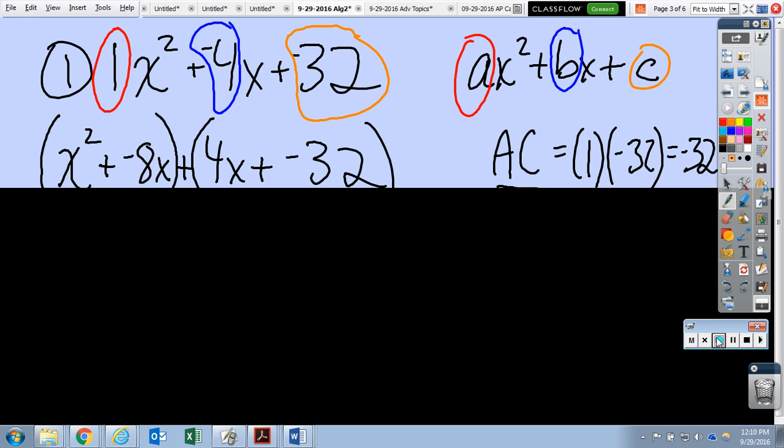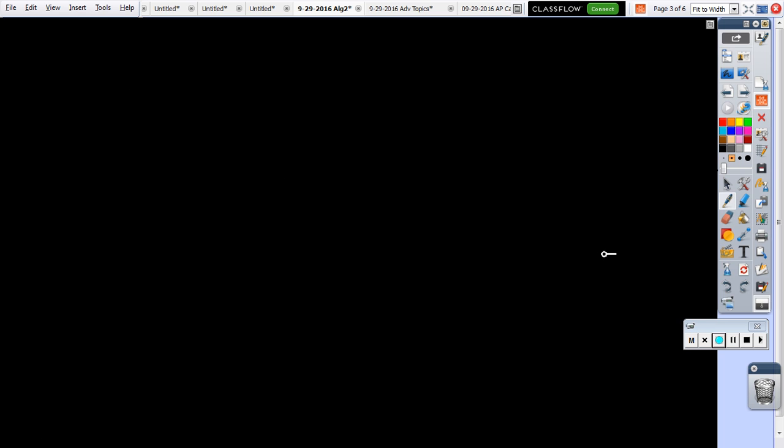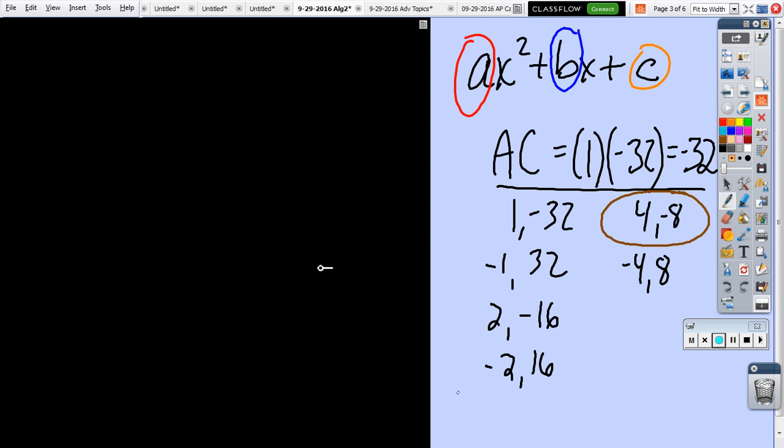So again, AC method. 1 times negative 32 is negative 32. So AC is equal to negative 32.